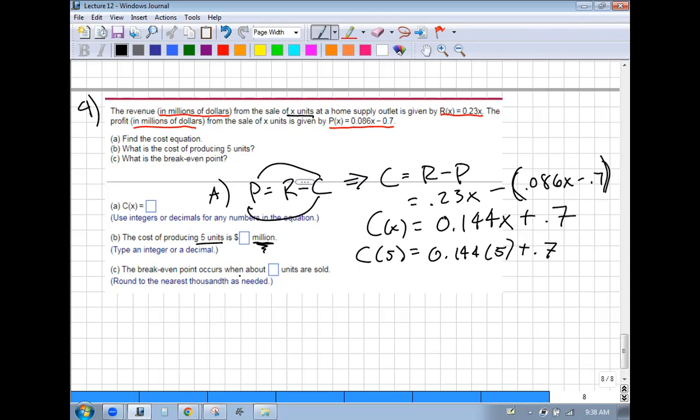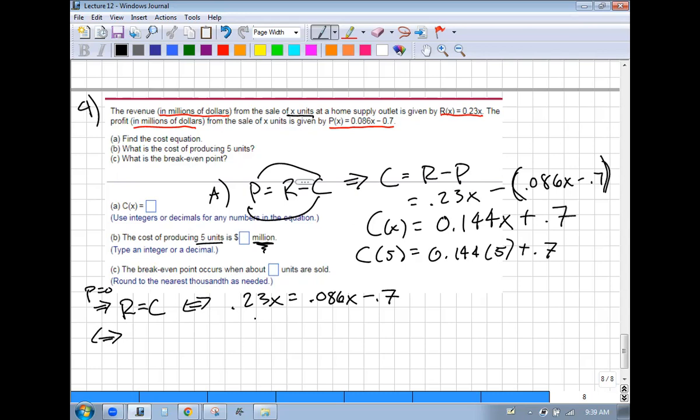The break-even point occurs when how many units are sold? Well, when is the break-even? The break-even is when revenue is equal to cost. It's when your profit is 0. So we just set these equal to one another. Revenue is equal to cost.